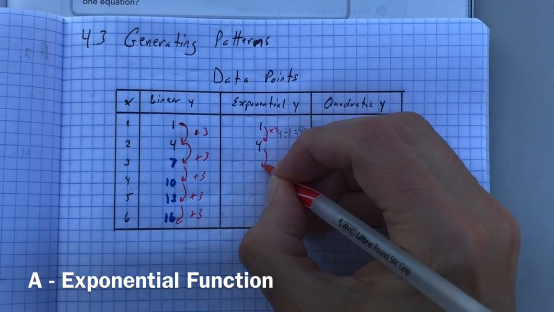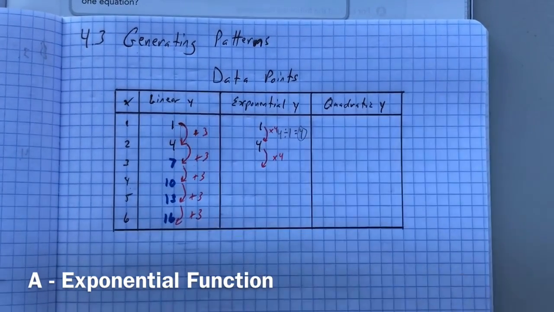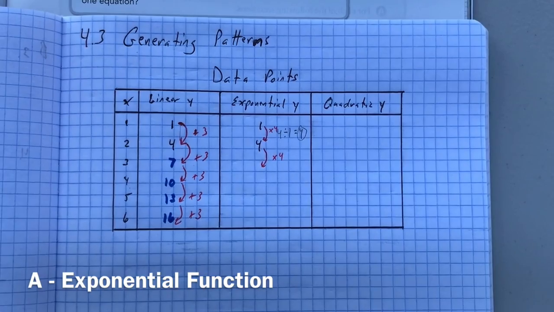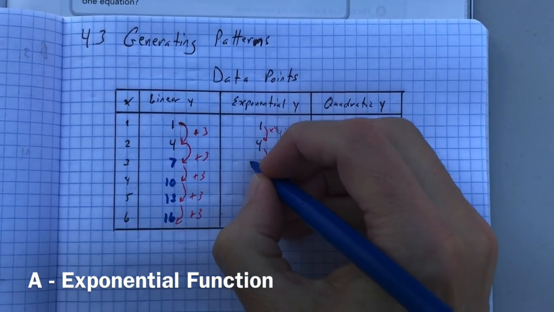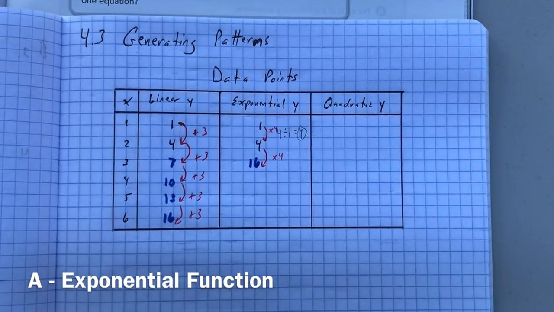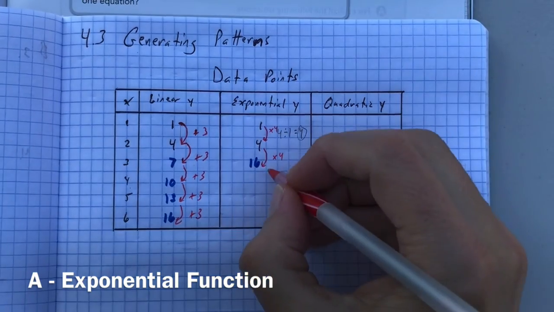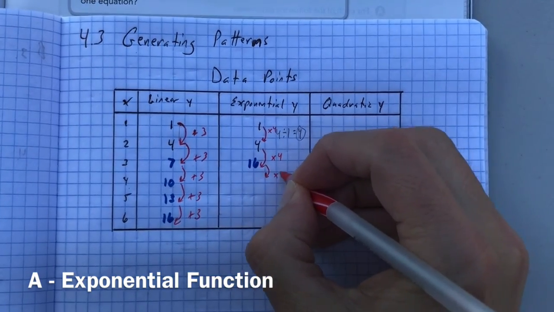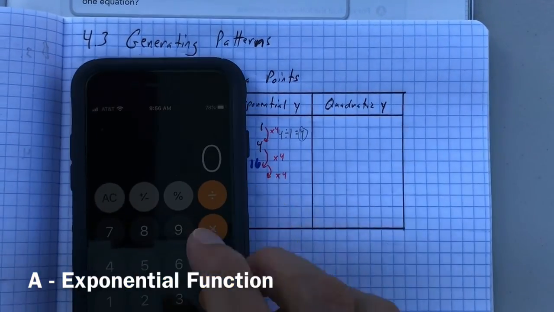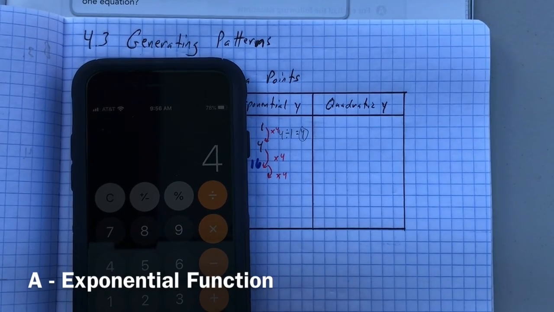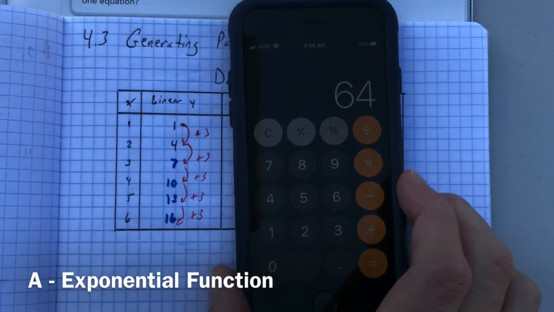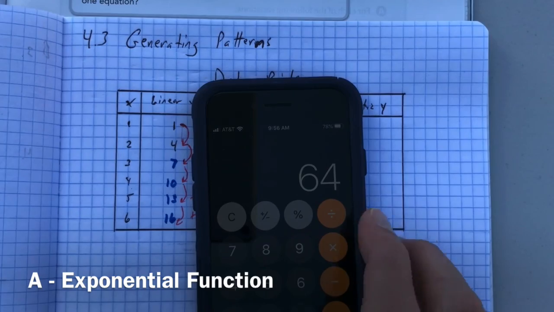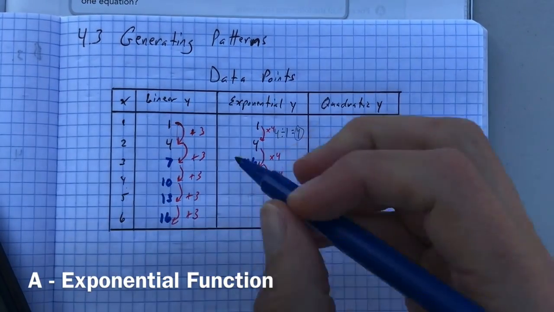And from here to here is going to be another times 4. So 4 times 4 is going to give us 16. And again, from here, we'd have 16 times 4, which is going to be 64.